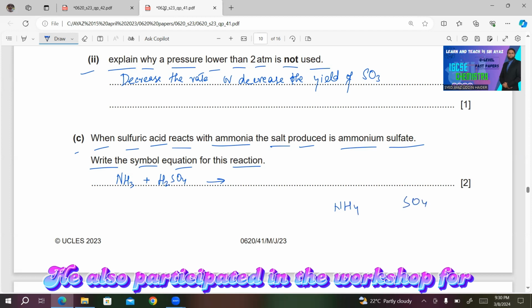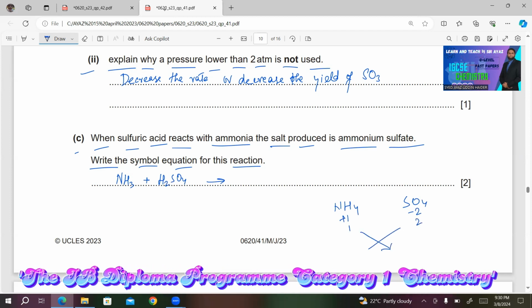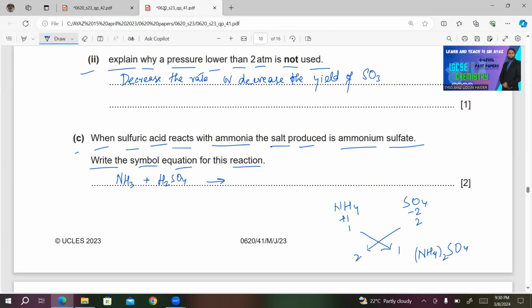The charge on the ammonium ion is +1, sulfate is -2. Ignore the charges, and these subscripts will be exchanged, so we get (NH4)2SO4. Let's balance the equation. Simply put 2 before NH3. It is balanced now.